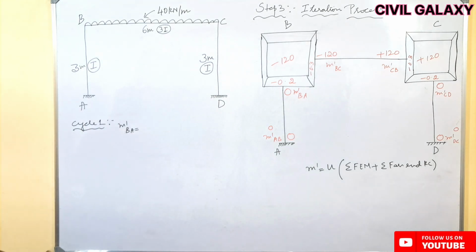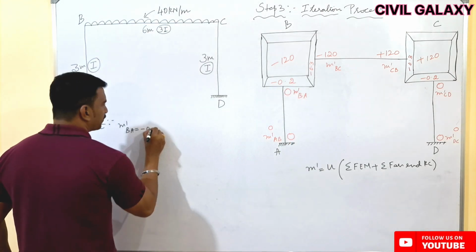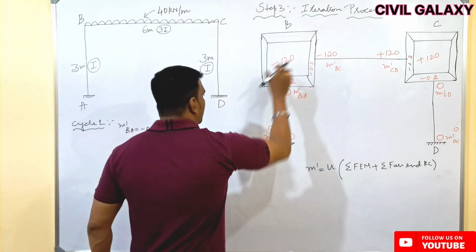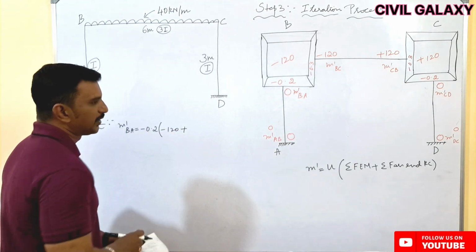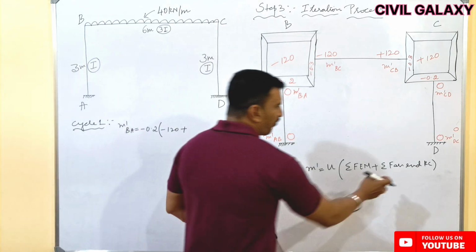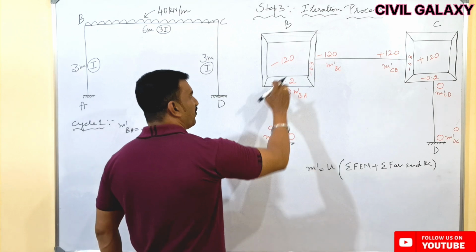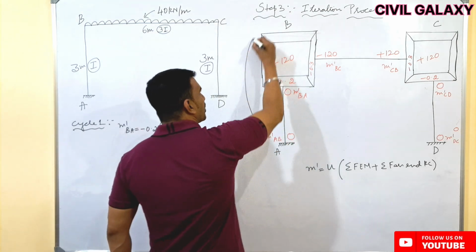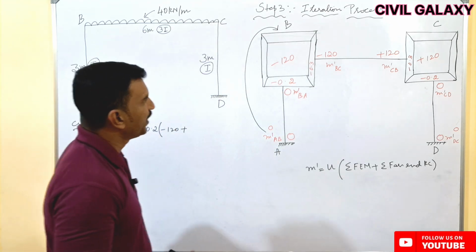So U is minus 0.2, into the summation of fixed end moment we have already considered here, which is minus 120, plus the summation of far end rotation contributions. For this particular m dash BA, we are considering joint B, so the far end rotation contribution we need to consider is m dash AB.